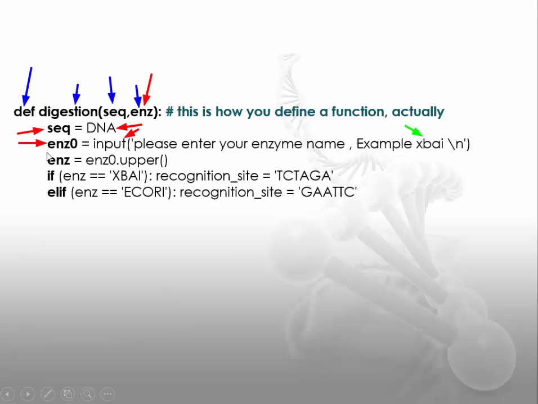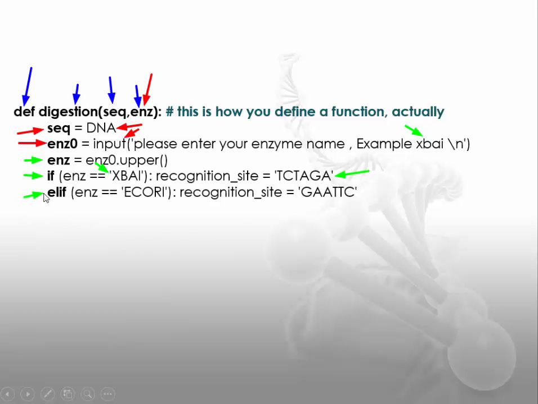Then I do the same thing as I did for the DNA. I make the enzyme uppercase. Then I need to have an if statement so that I work with it. If the enzyme that the user enters is XBAI, so if it's equal to XBAI, I wrote it in uppercase because I made it uppercase in the first place. Then the recognition site could be, or should be actually, TCTAGA.